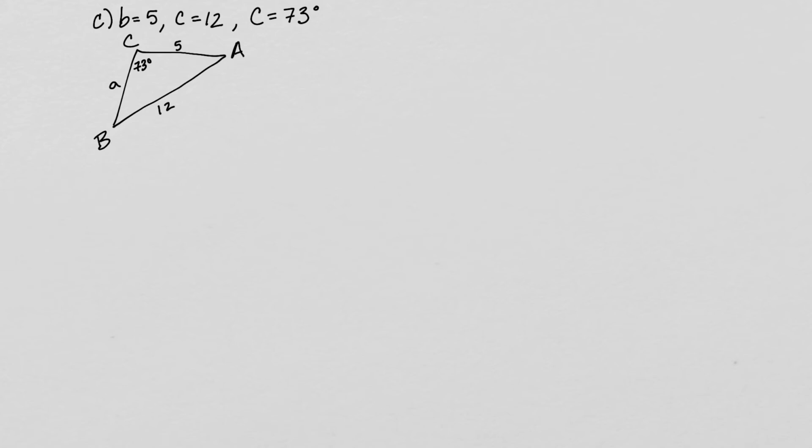Again, I'm going to start off by trying to find one of the angles. I have the one matching pair here, capital C and side c. So we have the sine of 73 degrees over 12. And the side I currently have, the 5, is across from B, so I'm going to use the sine of capital B over 5.